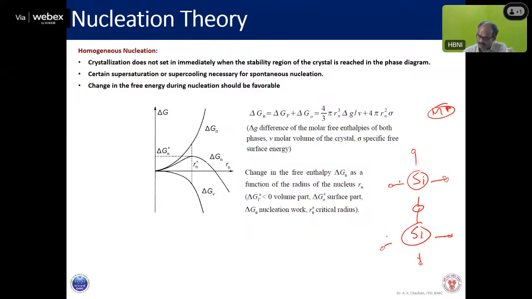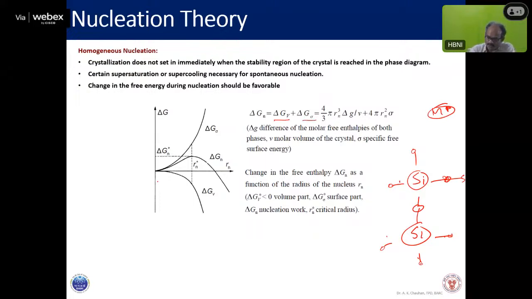This positive energy helps so that another silicon atom can come and join there in order to reduce it. This will be the negative. So now there are two energies: one is the volume energy, another is the surface energy.